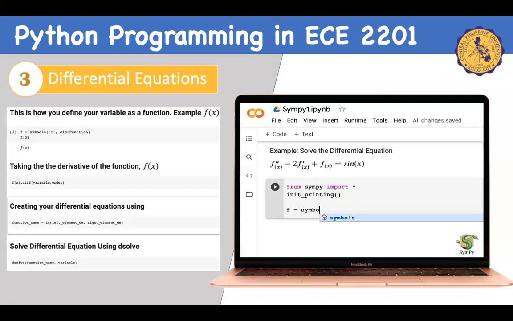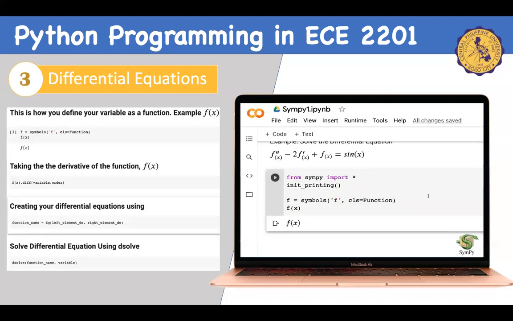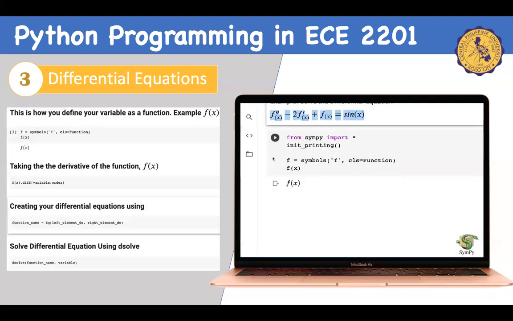We have f equals symbols, then single quote f, and then we change f to a function. We are going to declare it as a function.